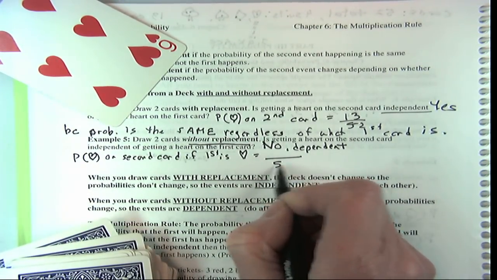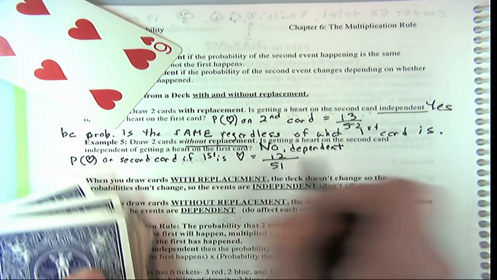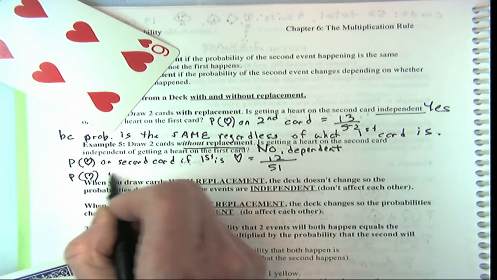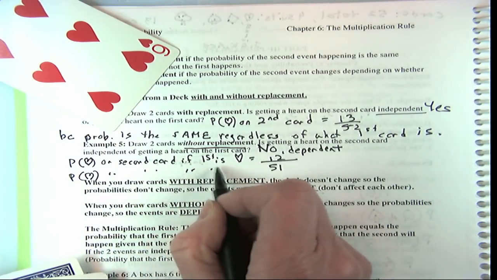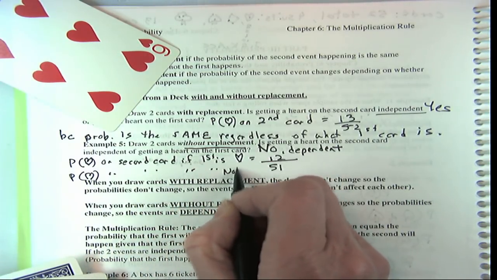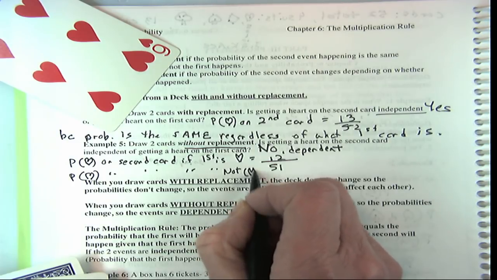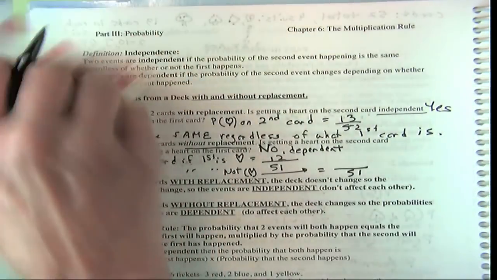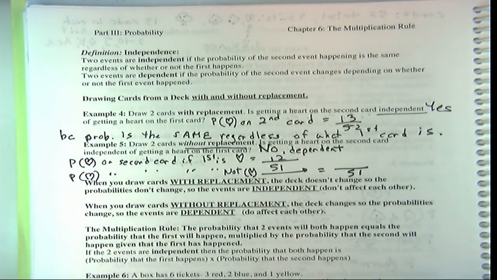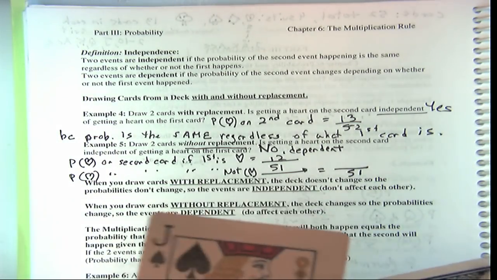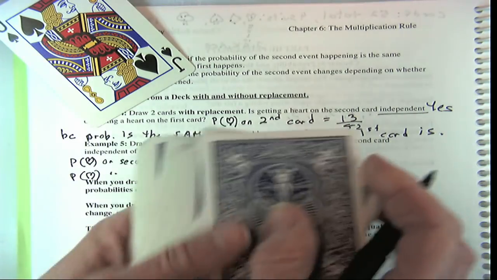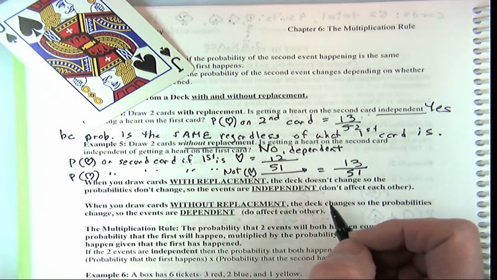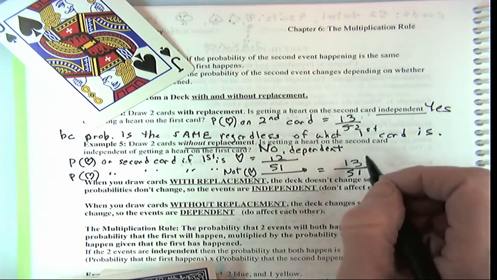Now there's only 51 cards, and there's only 12 hearts left. But the probability of a heart on second card, if first is not a heart, is equal to what? There's still 51 cards left, but if we pulled out something that wasn't a heart, then we have 13 hearts. So it changes depending on whether the first card is a heart or not.